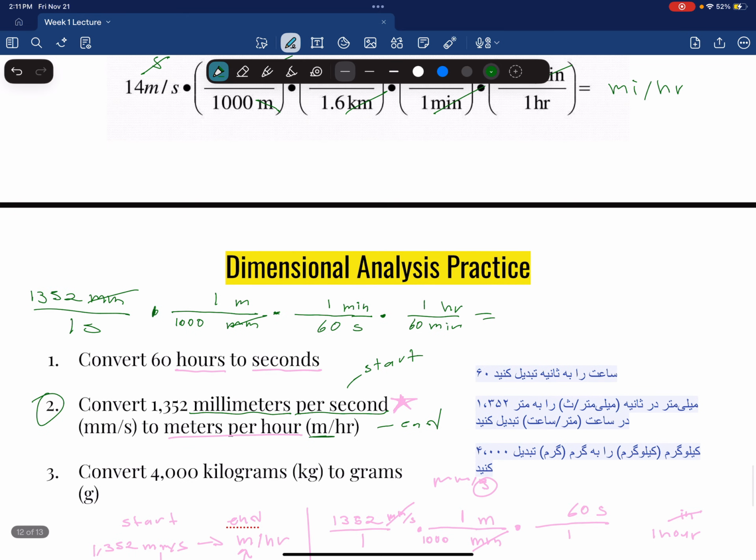So let's go ahead and calculate it. We have 1,352 millimeters per second to meters per hour.